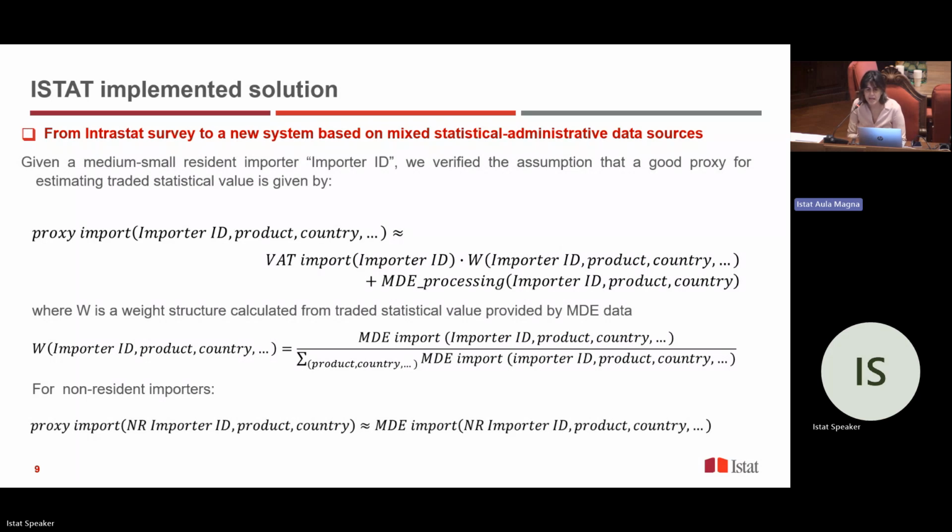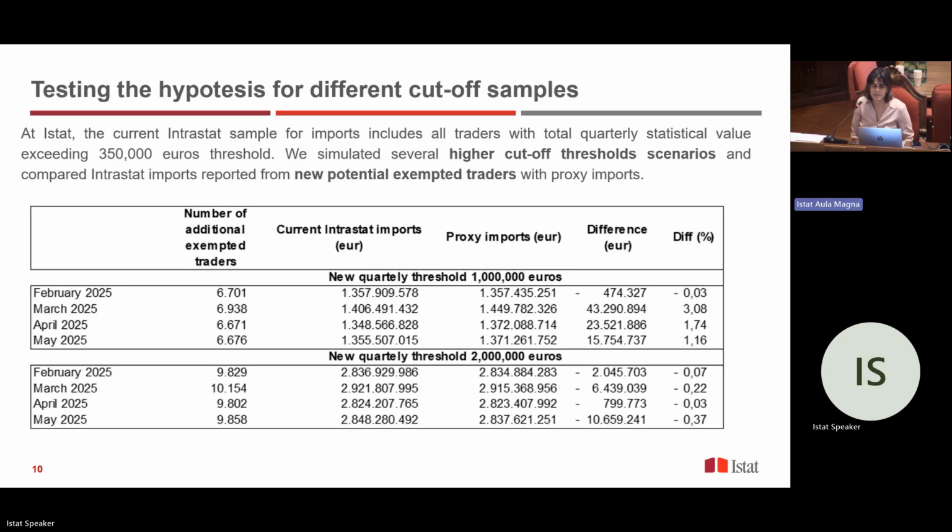And then for processing, the only data source that we have are the microdata exchanged, and the same for non-resident traders. The only data source we can use are the microdata which are exchanged. So this is our preliminary work.